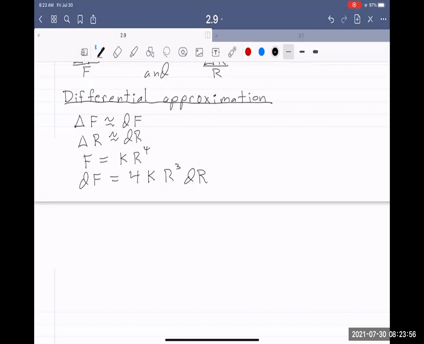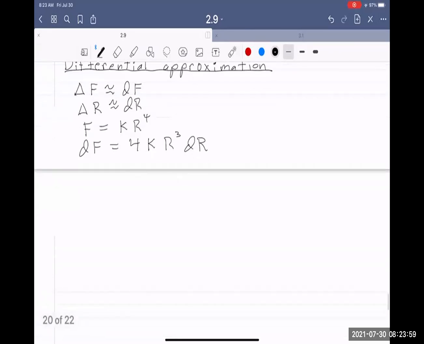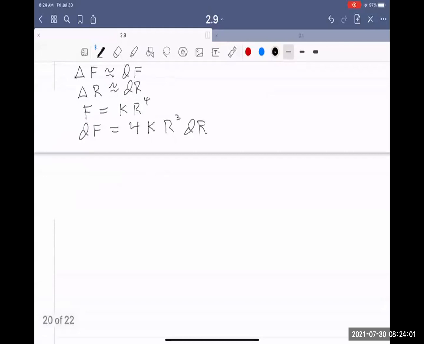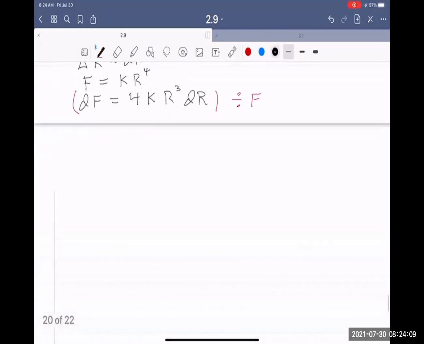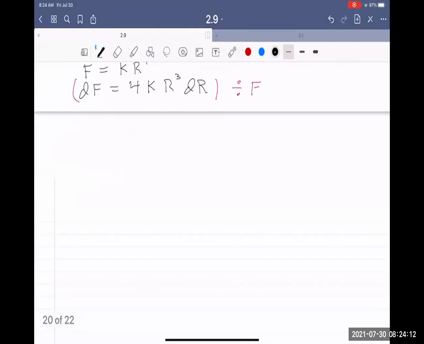So now let me divide both sides of my equation by F. So I have that dF over F is equal to 4 K r cubed dr over F. But we know what F is.